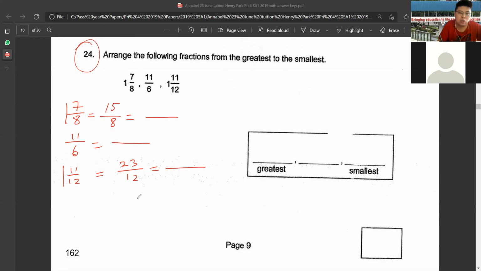So cannot be 12. It has to be what? Common multiple of 8, 6, and 12.